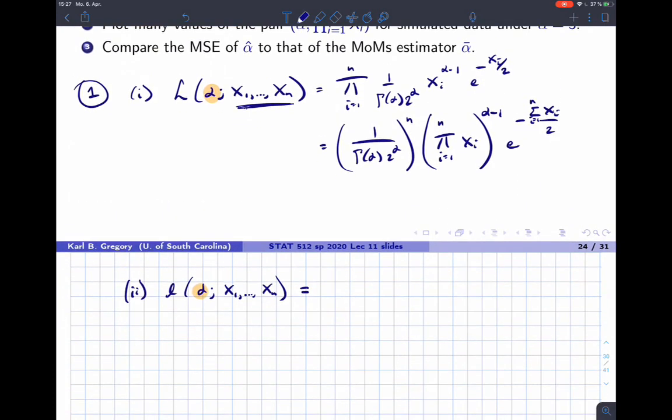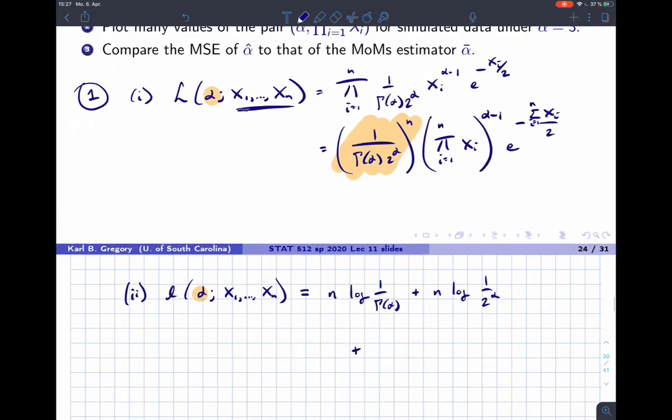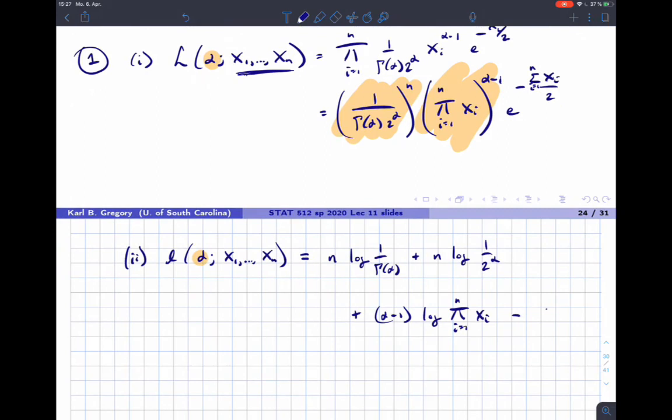If I take the log of this thing, I get n log 1 over gamma function of alpha, plus n log 1 over 2 to the alpha, and then log of this thing looks like alpha minus 1 log of this product, minus the sum of xi's over 2.